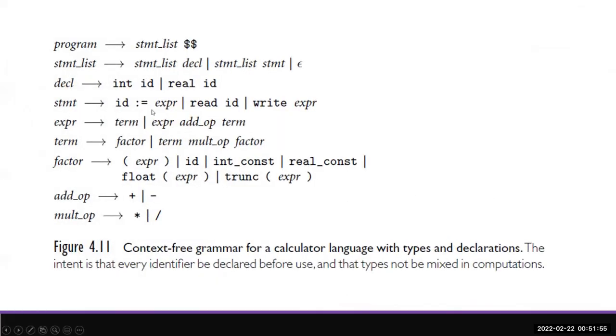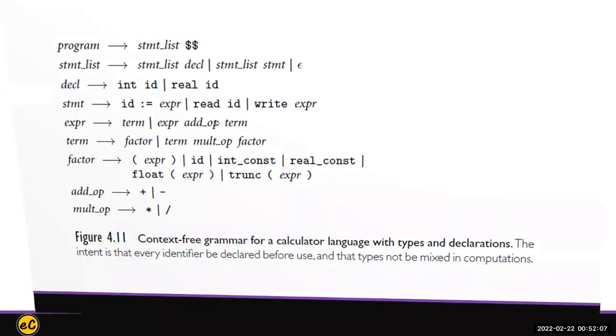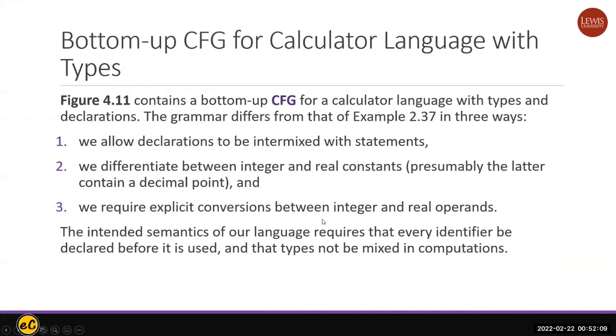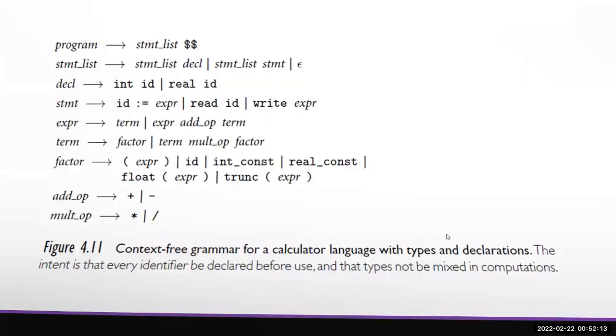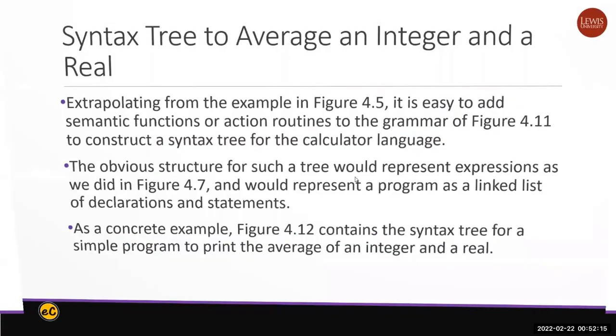So this is 4.11, a context-free grammar for a calculator with types and declarations. Some of the values are real, and some of them are integers, so you can compare this one with the previous version.